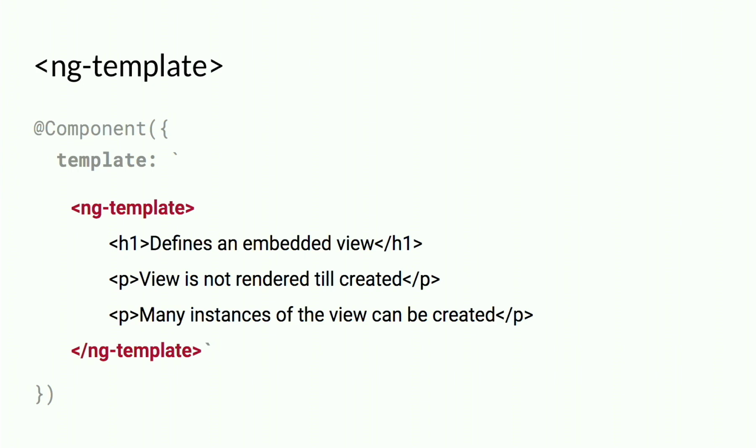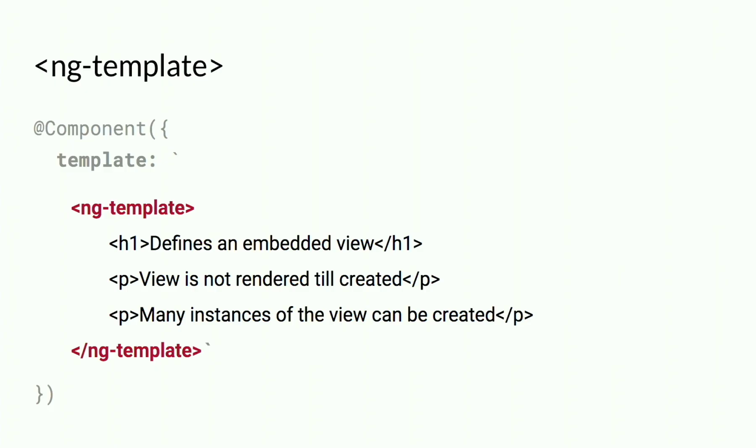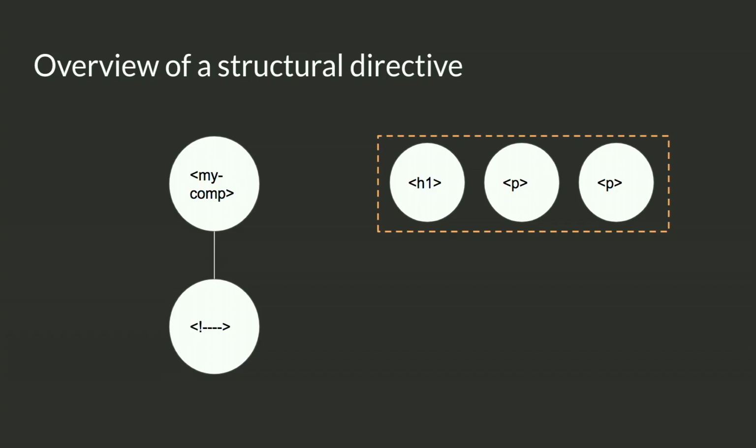So if we use the ng template in index.html, for example, it will be rendered as a normal HTML element, and the content inside of it will be rendered. So it's only when embedded within a component template that ng template works as a template that holds embedded views.